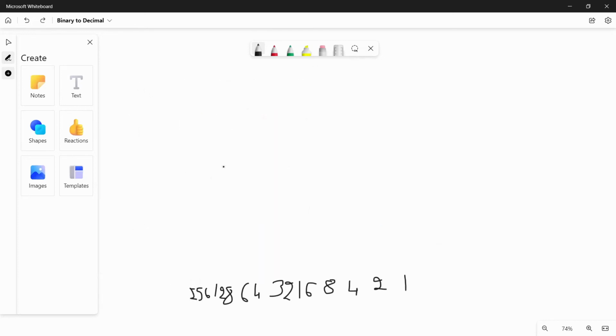Now this example is without a decimal point. What if I gave you 101101? Let's convert this binary format to decimal. 2 to the 0 power, 2 to the 1 power, 2 to the 2 power, 2 to the 3, and 2 to the 5.